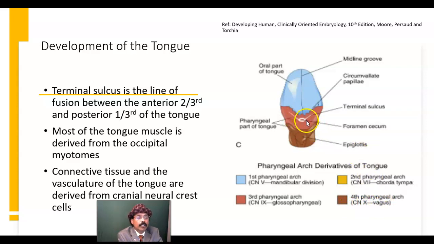The posterior one-third tongue mucosa extends forward. So this part, just in front of the sulcus terminalis, we have the vallate papillae area. This part is innervated by the glossopharyngeal nerve.